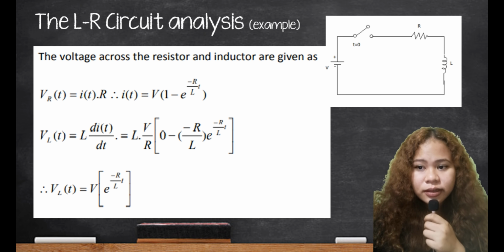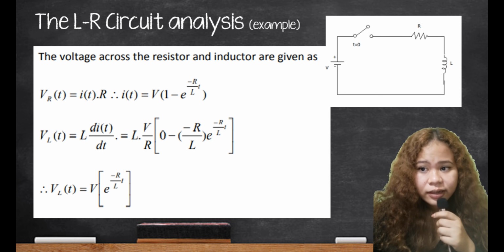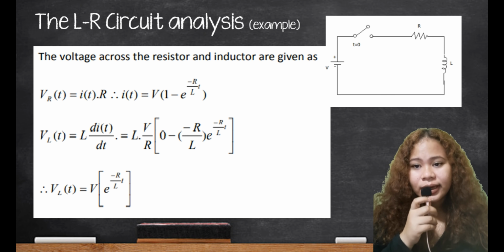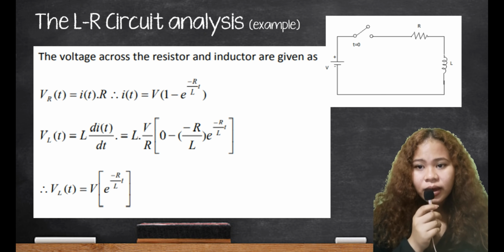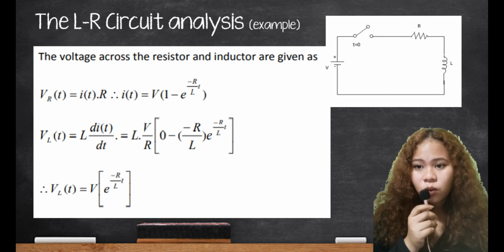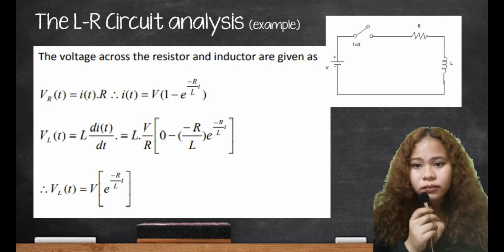The voltage across the resistor and the inductor are given as V_R(t) is equal to i(t) times R. Therefore, V_R(t) is equal to V times quantity 1 minus e to the power of negative R over L times t.